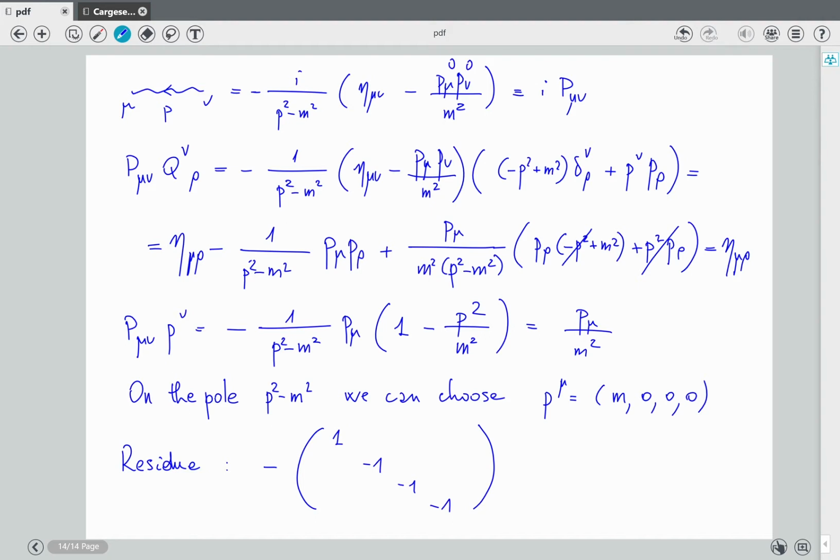The component 0, 0 will be minus m squared, because p0 is m squared divided by m squared, so minus 1. And that is our result. You see that you have 3 components, 3 propagating degrees of freedom. All of them have correctly a positive residue at the pole.